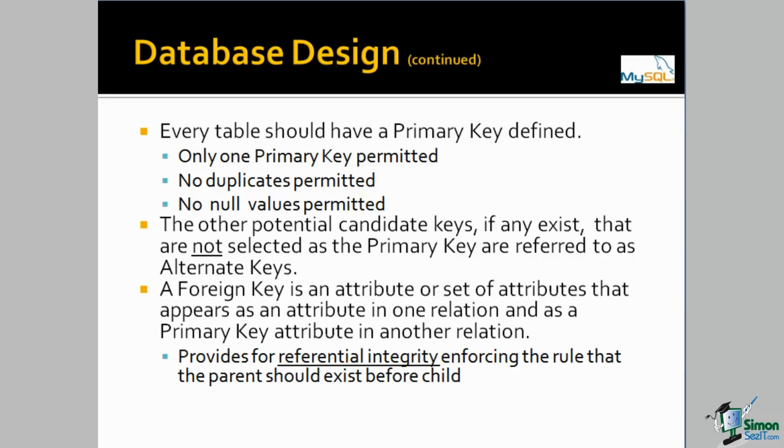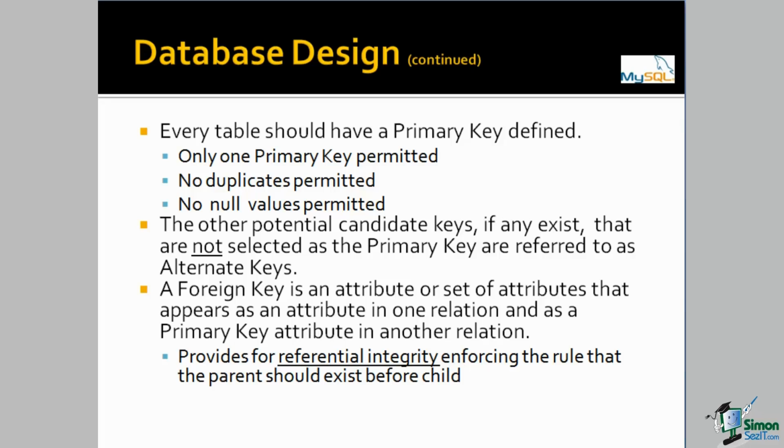If our table has multiple candidate keys and some of those were not selected to be the primary key, then we refer to those not selected candidate keys as alternate keys. Again, the primary key is the basis for building the relationships between tables in the database.